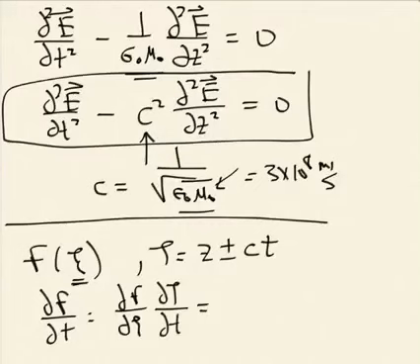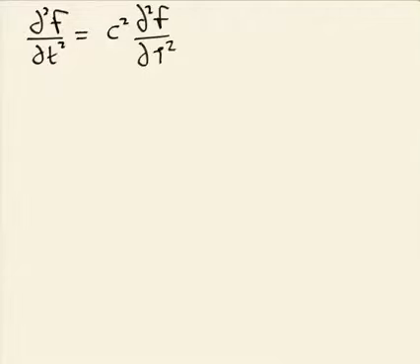And so df dt is going to be equal to plus or minus c times df d squiggle. Now if I consider the second time derivative, I'm going to end up with d squared f dt squared is equal to c squared d squared f d squiggle squared.